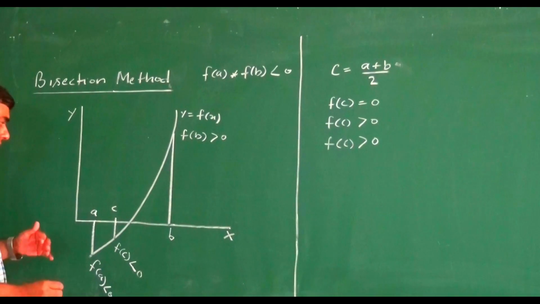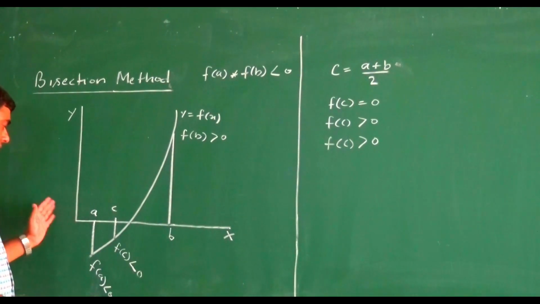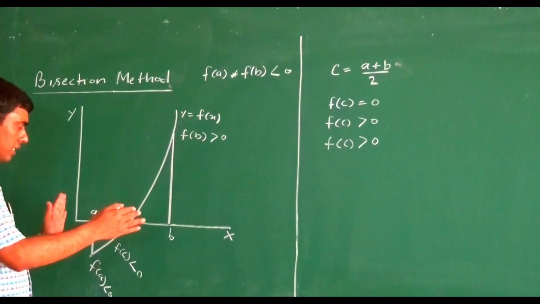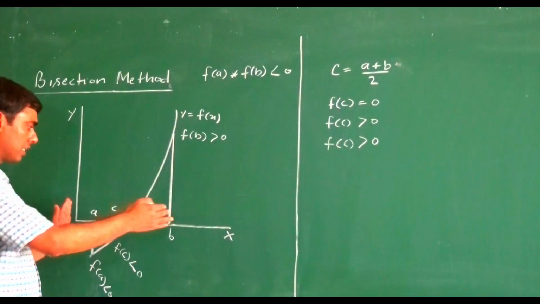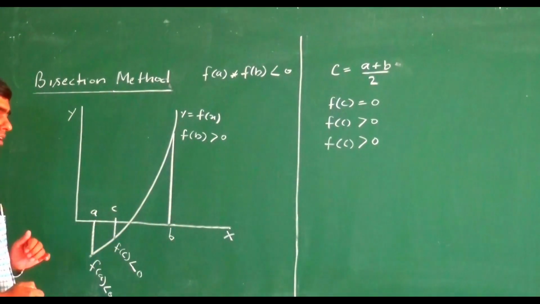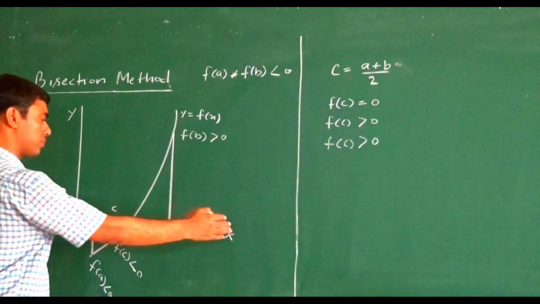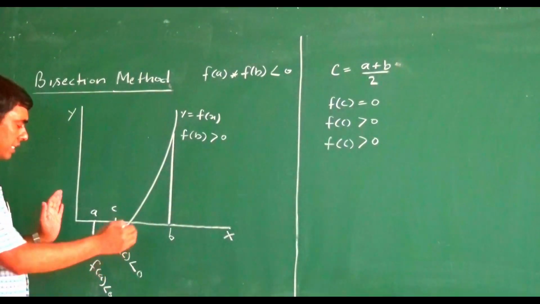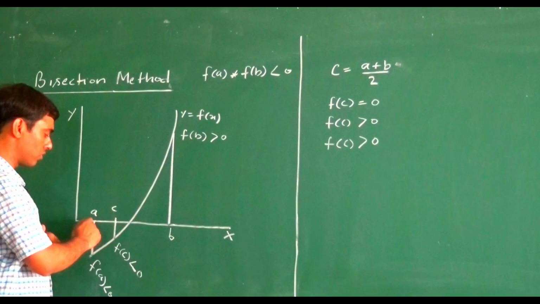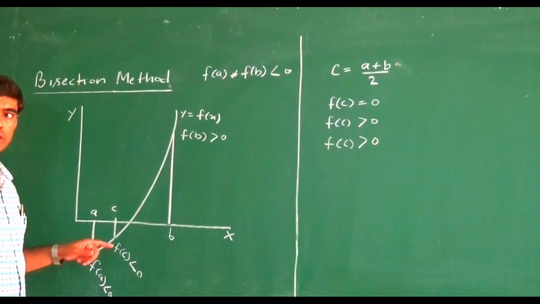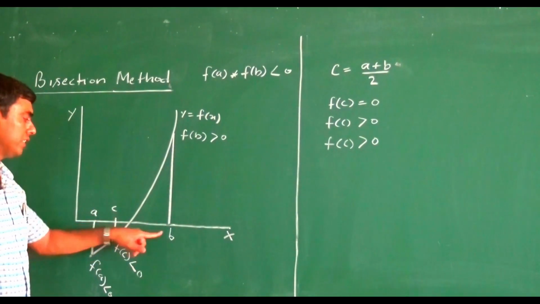So what happens here? Here we try to minimize our search space. Initially, what is the search space? Minus infinity to infinity. Then we confine our search space from a to b. Now we confine our search space from c to b.